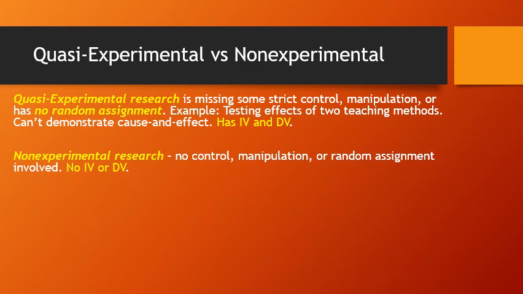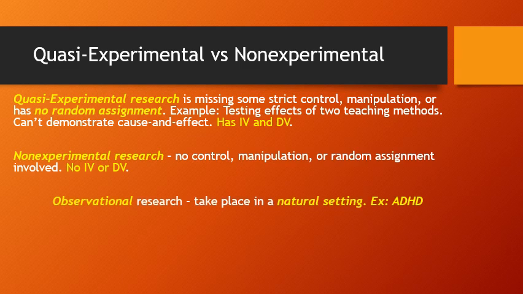Non-experimental research has no manipulation, no control, no random assignment. Non-experimental research has no independent variable and no dependent variable. Okay, so quasi-experimental, you still have an independent variable, you still have a dependent variable. Non-experimental, there is no independent variable, no dependent variable.